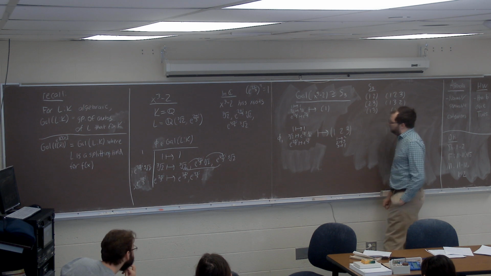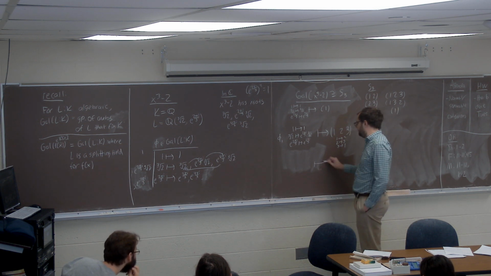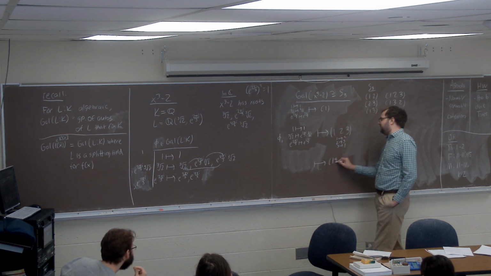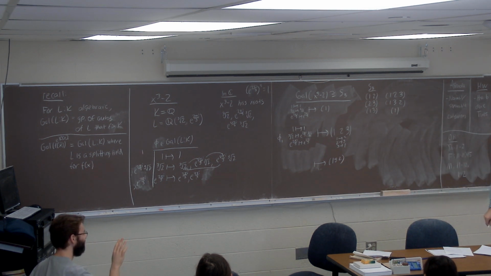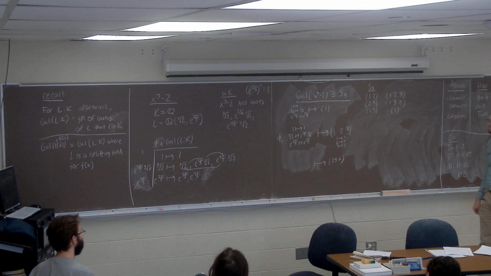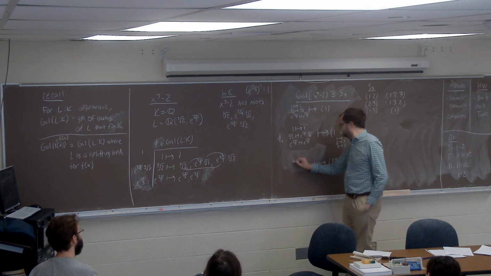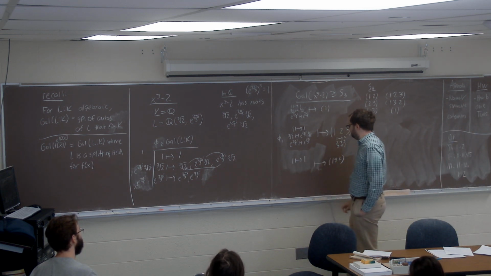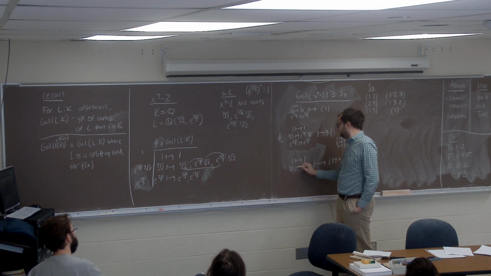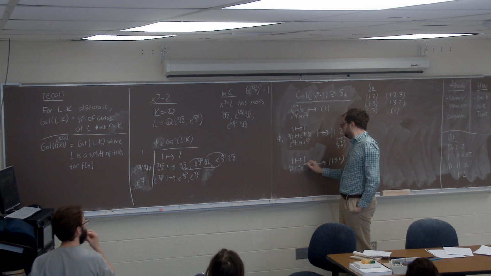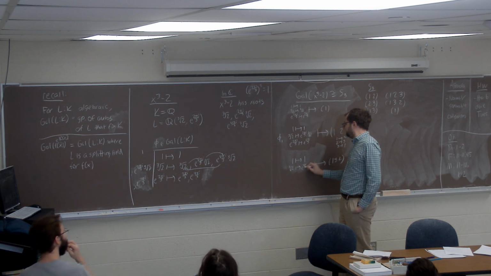So let's say we've made this choice. What's going to have to map to (1 3 2)? 1 maps to 1. Cube root of 2 maps to e to the 4 pi i over 3 times cube root of 2.